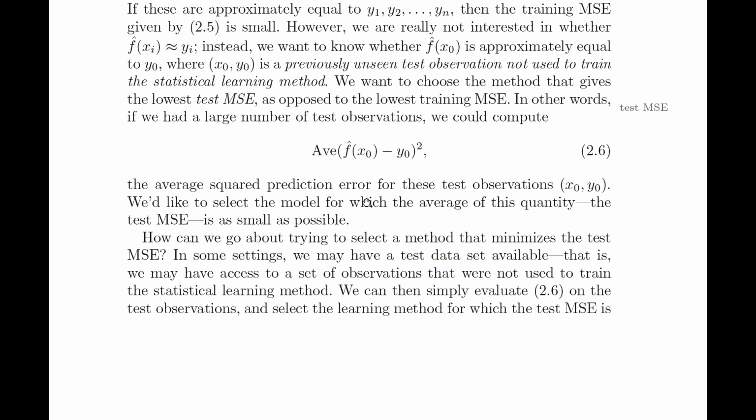How can we go about trying to select a method that minimizes the test MSE? In some settings, we may have a test data set available. That is, we may have access to a set of observations that was not used to train the statistical learning method. In fact, in practice, what one usually does is you get all your raw data and you decide that instead of using every single observation to train your model, one common split is 80%, 20%.